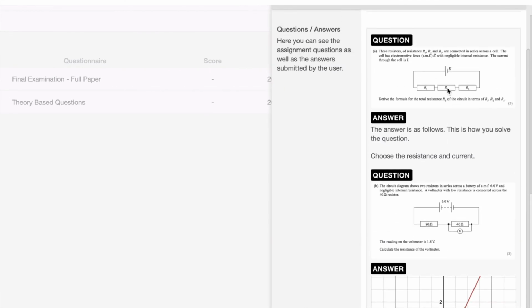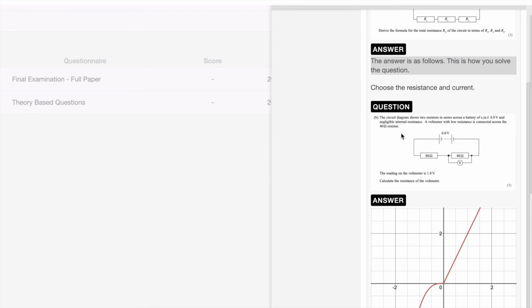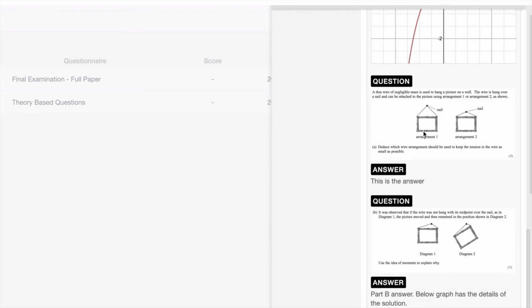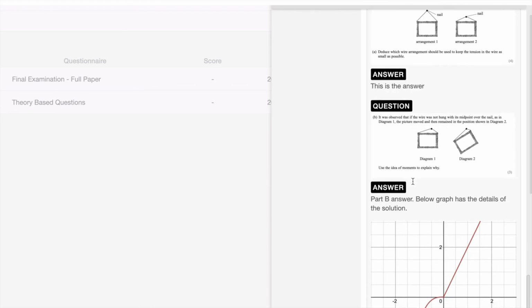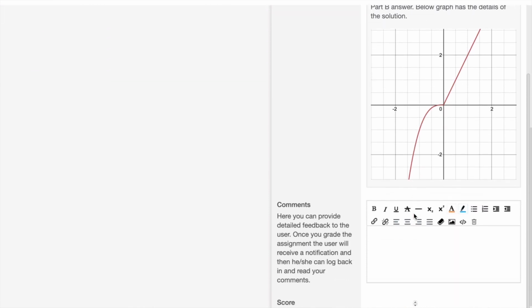This was an assignment which involved four different questions and answer to each of the question. As you can see, you have the question here followed by the answer. You have the second question here followed by the answer. Third question followed by the answer. Fourth question followed by the answer.